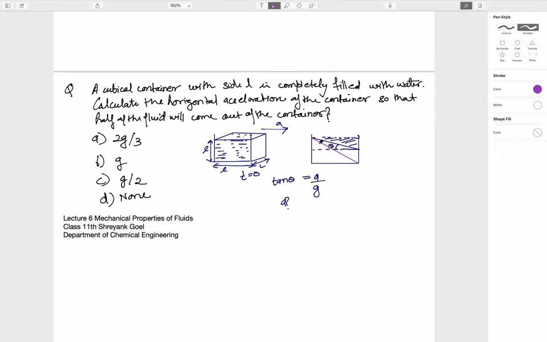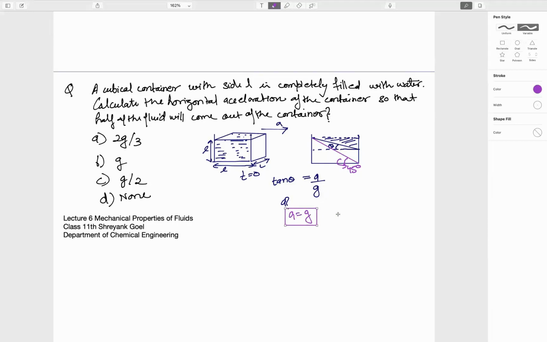Now we can say that half of the fluid is spilled out and half of the fluid is there. And theta is nothing but 45 degrees. So tan theta is tan 45 degrees, so a comes out to be equal to g.